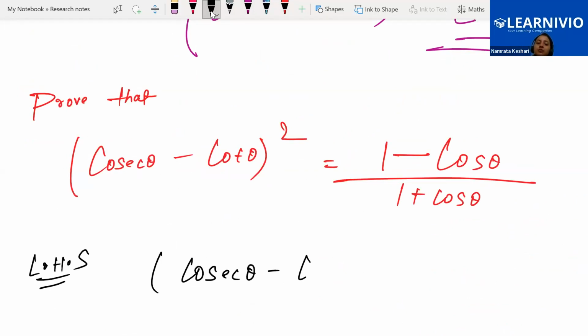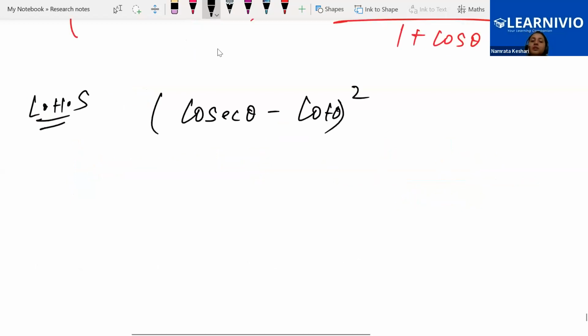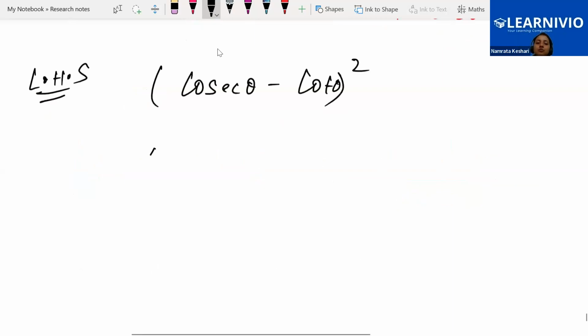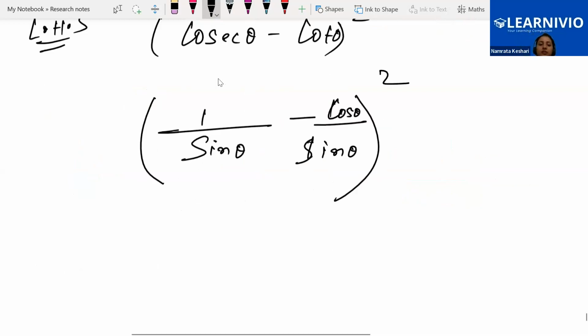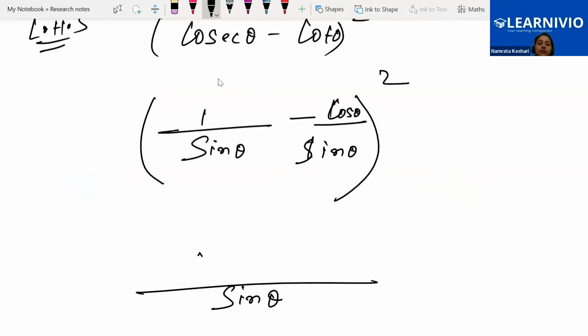Cosec theta minus cot theta whole square. I told you when you don't know anything you must convert into sine and cos terms. So you converted and you got this one. Everything has a square.